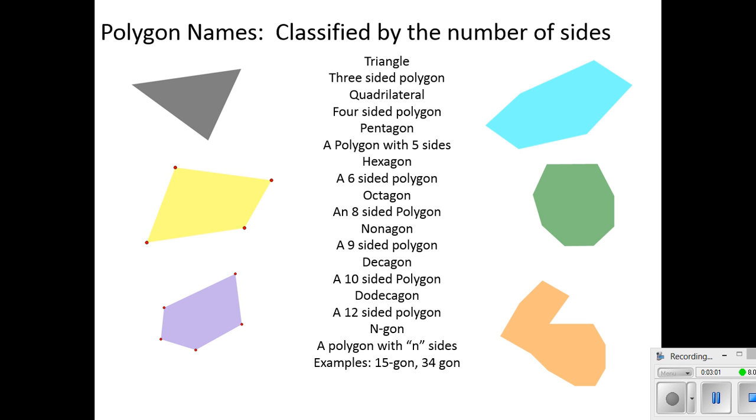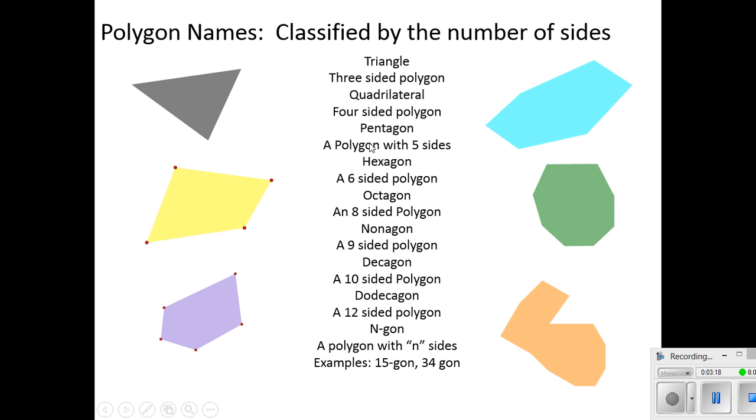So a 15-gon is a 15-sided polygon, a 34-gon is a 34-sided polygon, and so on, because obviously we couldn't keep track of all these names. We have the obvious ones that we probably all know from long ago, the pentagon, hexagon, and octagon, and I would like you to know the decagon and dodecagon, but in general, a 12-gon is a dodecagon, and an n-gon has n sides.